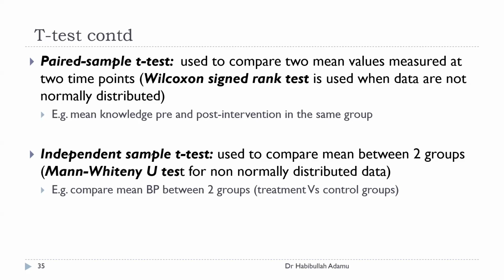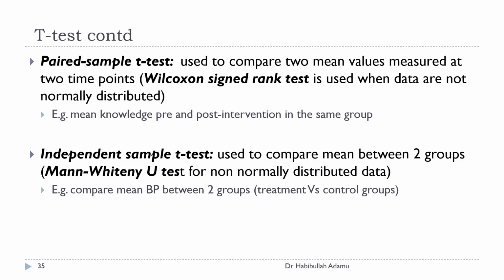Then your option is to use the Mann-Whitney U test, because Mann-Whitney U is a non-parametric test. Non-parametric tests, like we said, are tests that are less affected by the distribution of the data. So if data is skewed, it is better you use a non-parametric test.